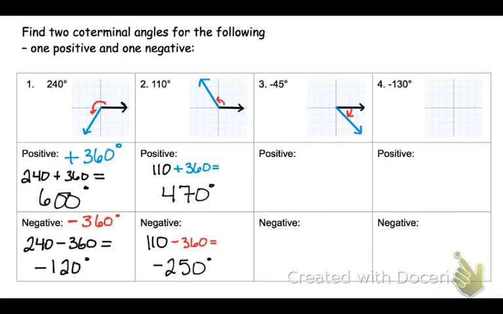So we're still doing the same thing we did before. We are adding 360 degrees. Even though we have a negative angle, it's fine. Add 360. Take negative 45 plus 360, and you get 315 degrees. There is a positive coterminal angle.